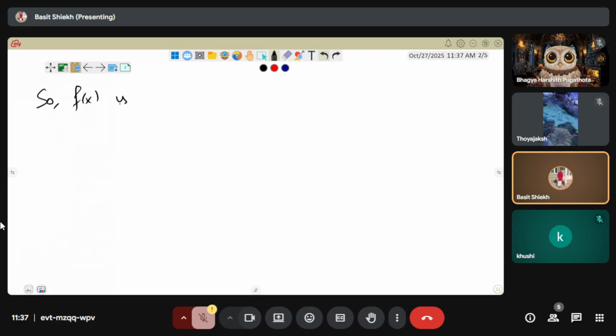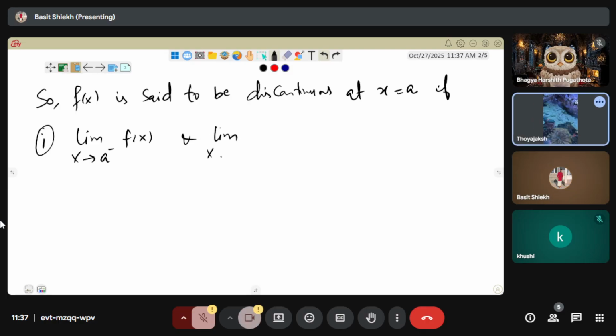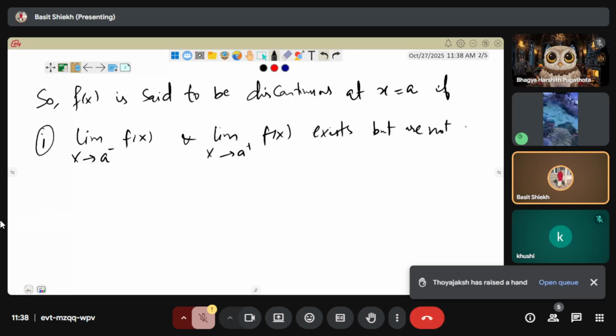So f of The x second question is that law of conservation of energy is said for body. And third to question be is that potential and kinetic energy of the spring. discontinuous Fourth question at is x equals to a. If and first between the two ones. So yeah, this is elastic collision in two dimensions. limit x tends to a minus And they f are of x and limit x tends to a plus f of x exists but are not equal.